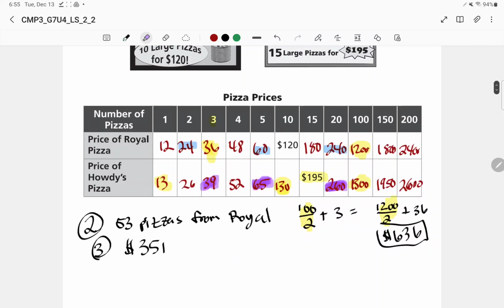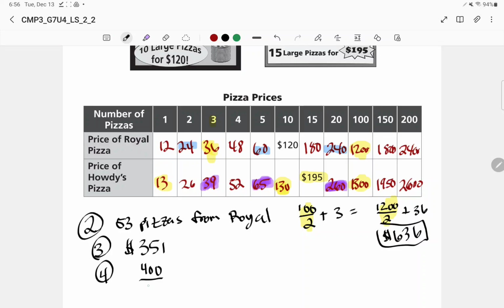Okay, so for number 4, it says the campers consider their budget. How many pizzas can they buy from Royal with $400? So they only have $400. We know that each pizza costs $12, right? So probably the easiest and most direct way is to divide those.